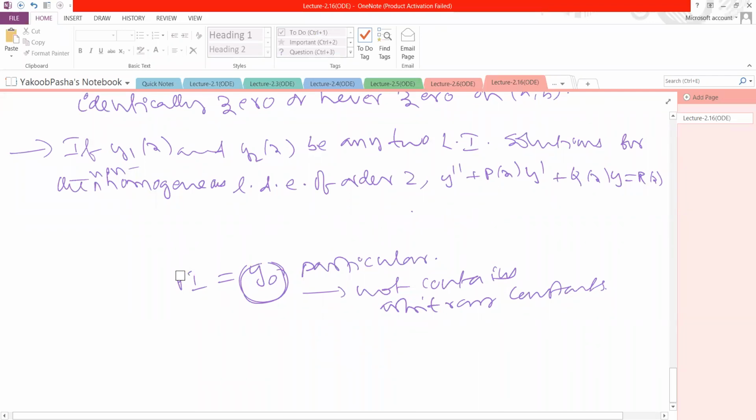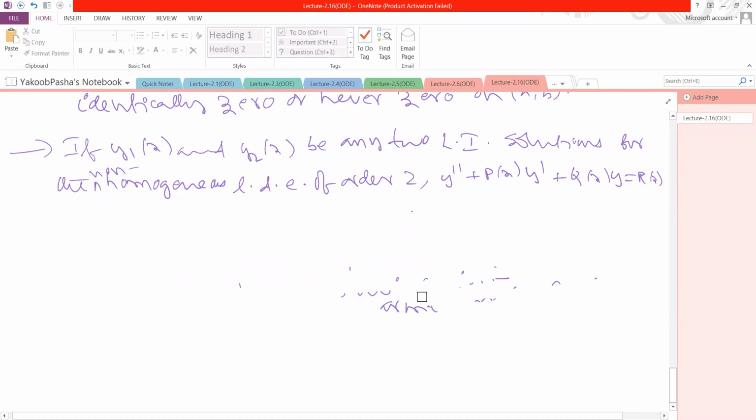In this case, the particular solution does not contain the arbitrary constant. Particular solution has no arbitrary constant. In the previous problems, we can also observe the particular solution has no arbitrary constant.